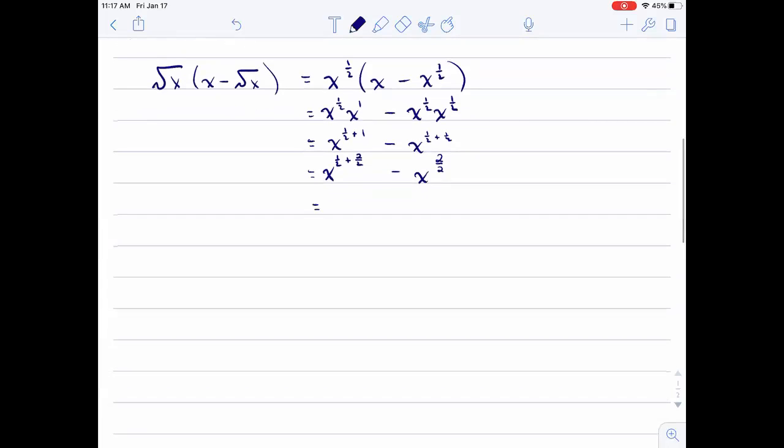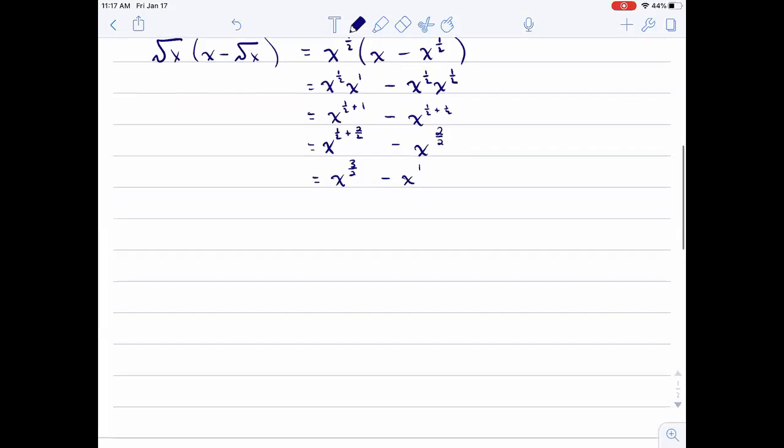And then on the first term, we get 1 plus 2 over 2, which is x to the power of 3 over 2, minus x to the power of 1, which is going to be x to the power of 3 over 2 minus x.